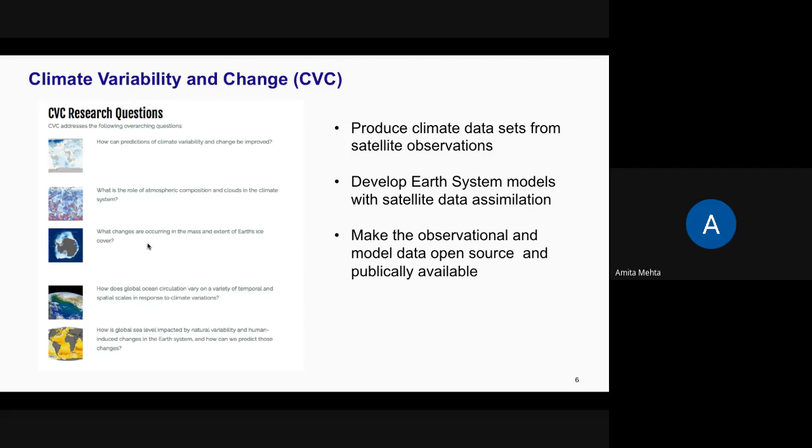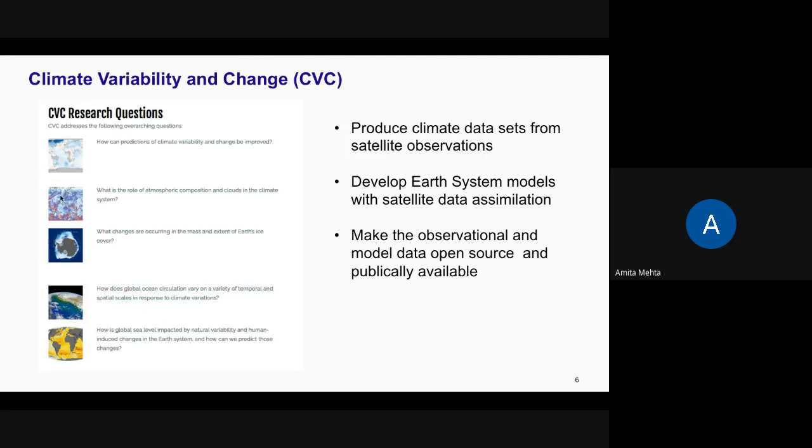What changes are occurring in the mass and extent of Earth's ice cover? How does global ocean circulation vary on a variety of temporal and spatial scales in response to climate variations? And how is global sea level impacted by natural variability and human-induced changes in the Earth system, and how can we predict these changes? These are the overarching questions.